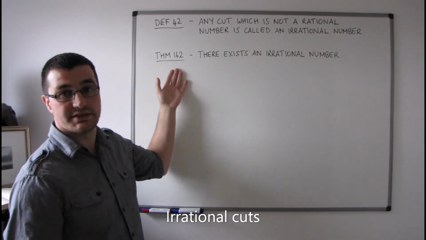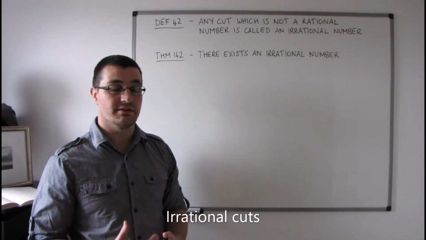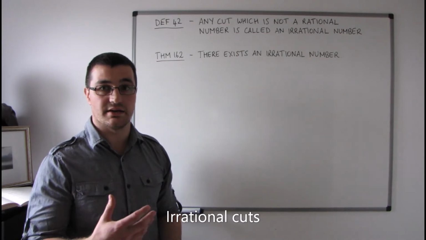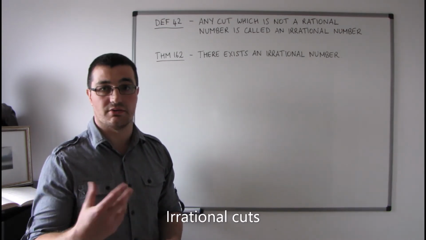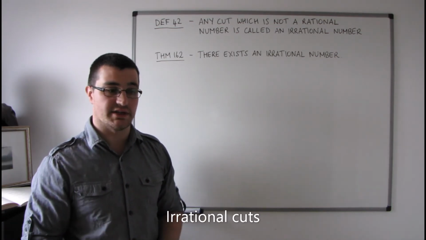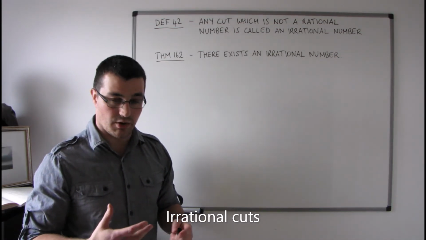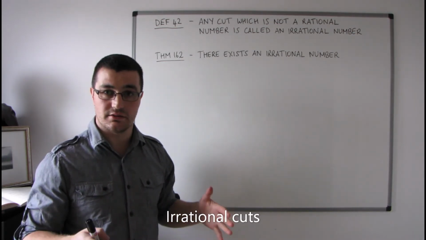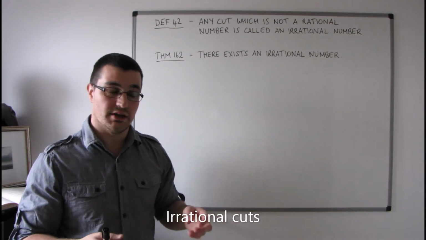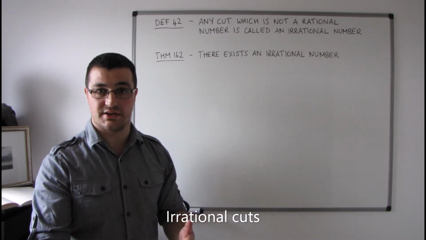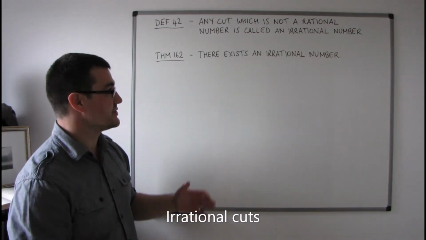Until this point, all we've had is the possibility of there being cuts or numbers that are not rational numbers. But like I've said previously, up until this point we haven't actually verified that. We haven't shown that every number is a rational number, or that there exists a number that is not a rational number.